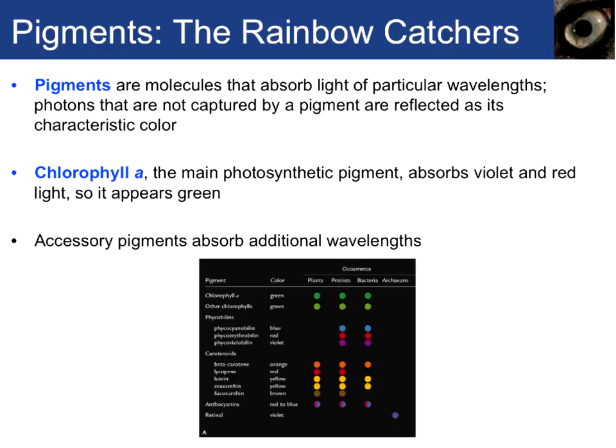So carrots, which are orange from the beta-carotene, what light is going to be reflected? The light that's reflected in carrots is going to be orange.